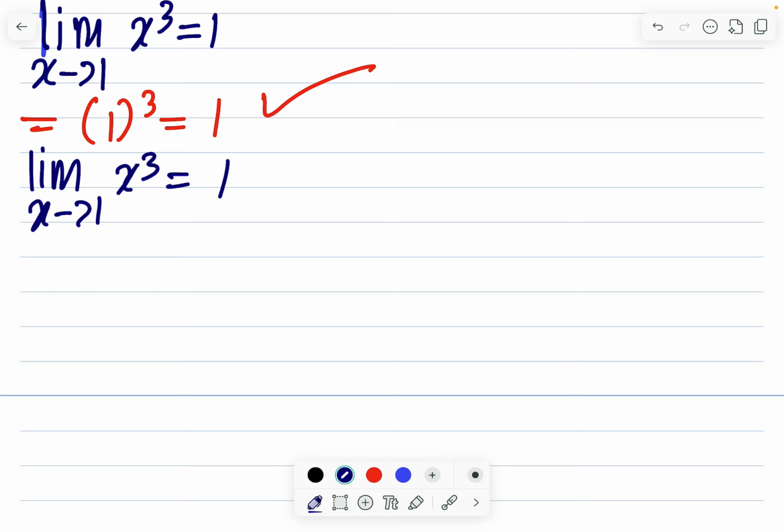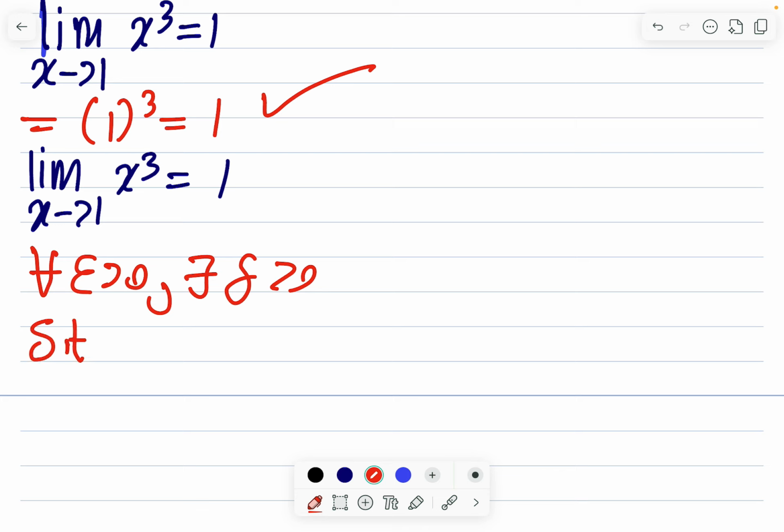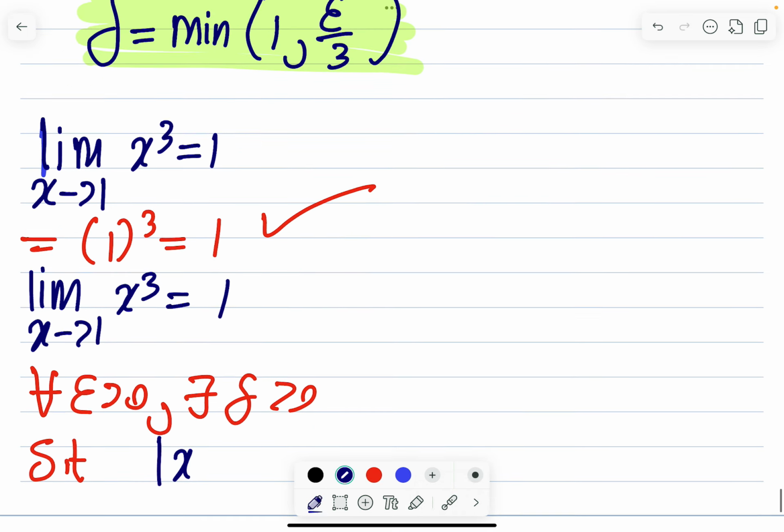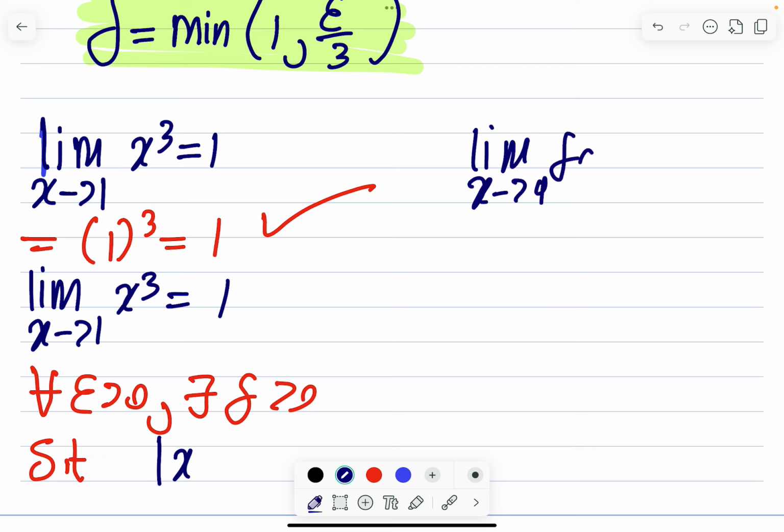Understand? So after that, you write your definition. You say what? For every epsilon greater than 0, there exists delta greater than 0, such that, remember that the formula is like this. We have the limit as x approaches a of f of x equals L. We say for every epsilon greater than 0, there exists delta greater than 0.